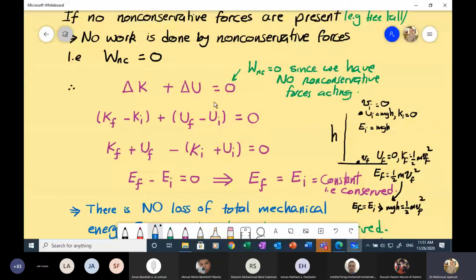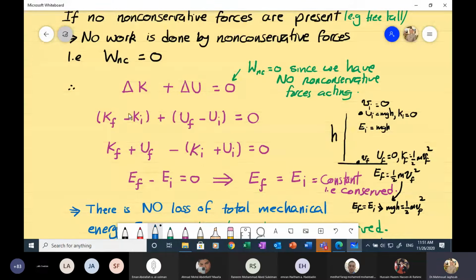But just to make you understand what we mean by conservation of energy, let me write the following. Delta K is basically K final minus K initial, plus delta U is U final minus U initial.